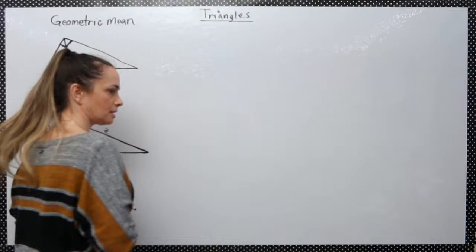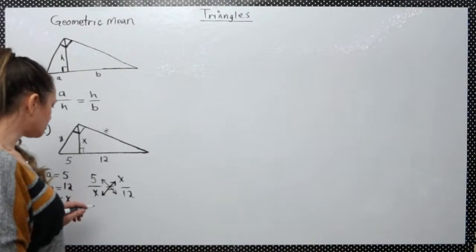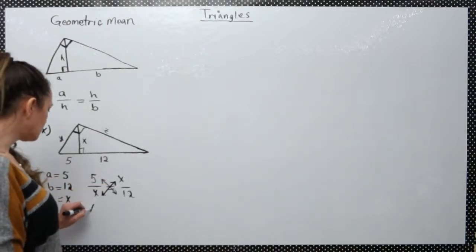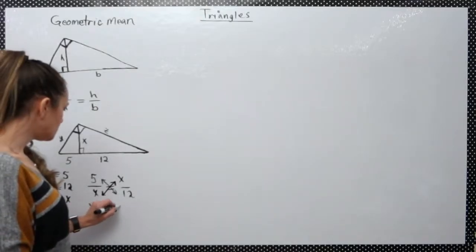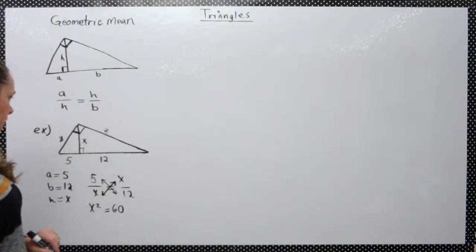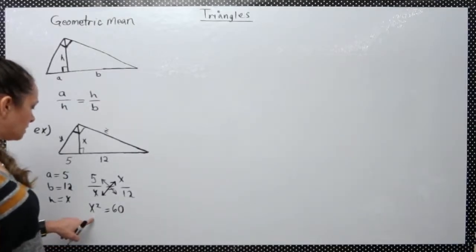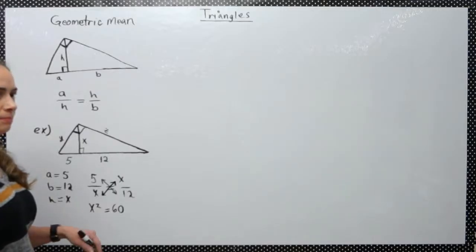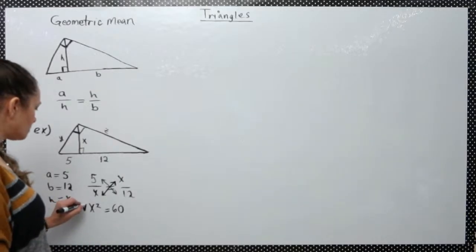So that's probably going to annoy some people if I do end up getting participants. So if I cross multiply this, that's going to give me x squared equals 60. And so then to solve this, x squared, it boils down to inverses.